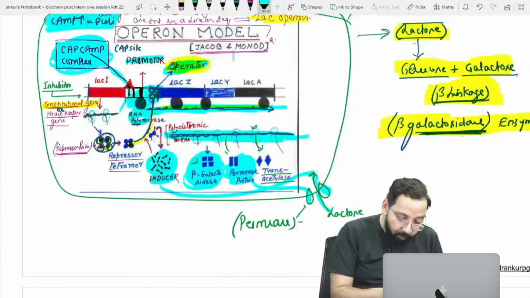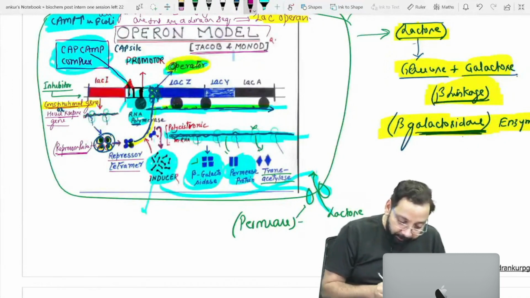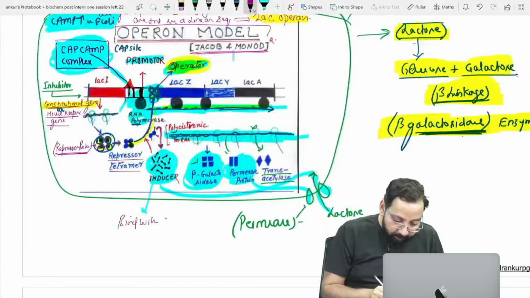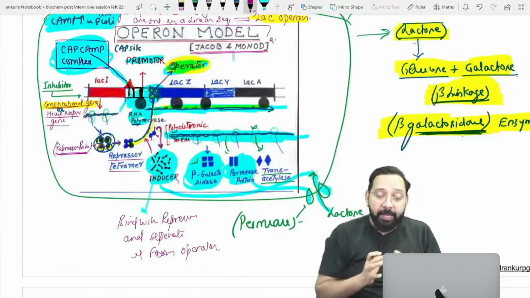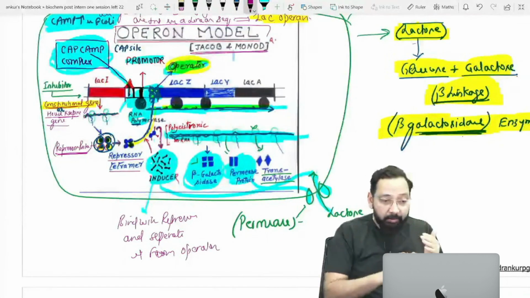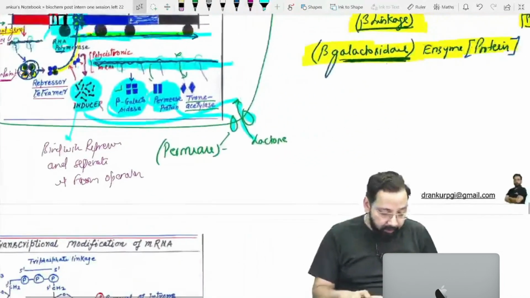Lactose, acting as inducer, binds with repressor tetramer and separates it from the operator. And when it separates from the operator, synthesis will rapidly increase.